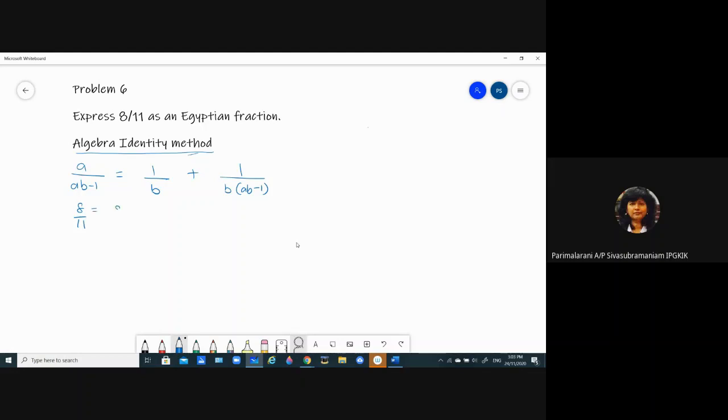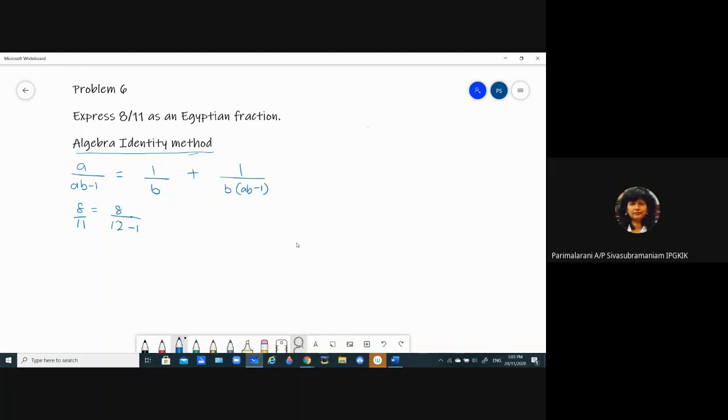Can we write it as AB minus 1? We need 11 here, and there's a minus 1, so this number must be 12, cannot be any other number. 12 minus 1 gives you 11.